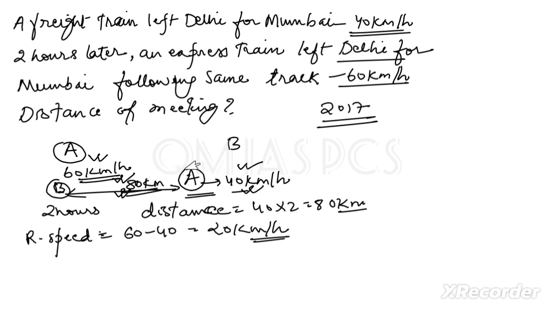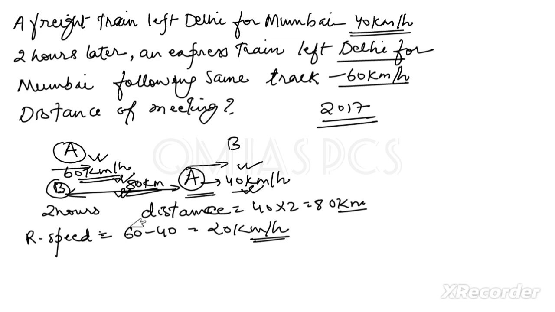This train is moving and this train is also moving. At the beginning they have a distance of 80 kilometers, and when the second train starts moving, that distance will reduce. This is the main thing you have to understand: the distance will reduce.